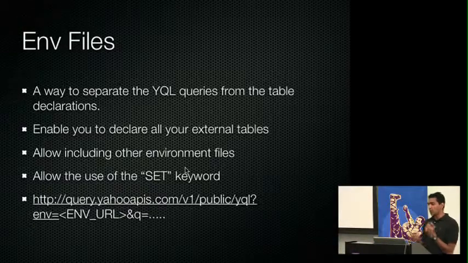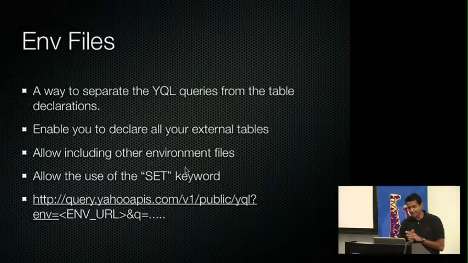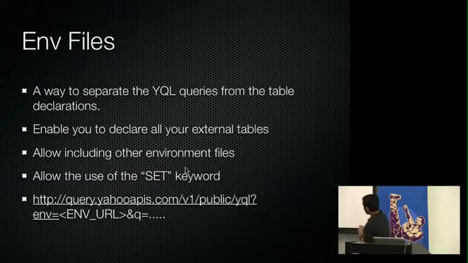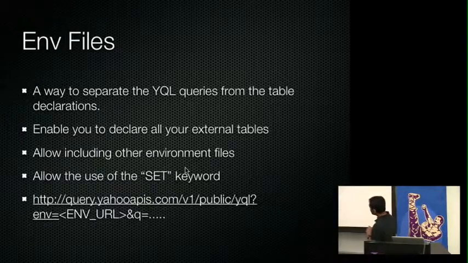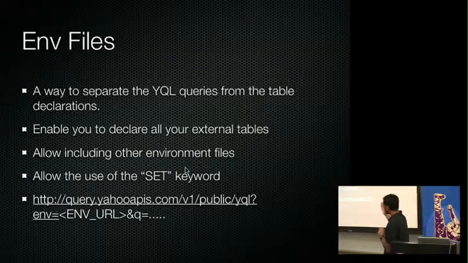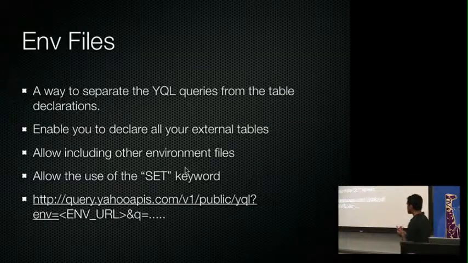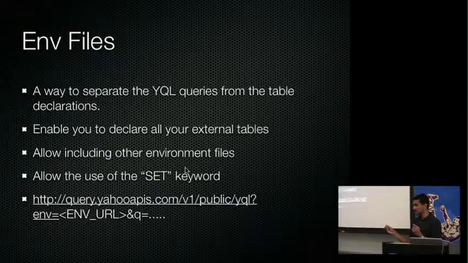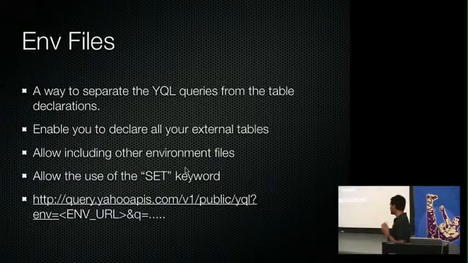Now, env files provide the way to separate the queries from your table declarations. And it enables you to declare the tables. And in addition to that, you can also use the set keyword. So you can set different parameters on particular tables. I'll take an example of that shortly.